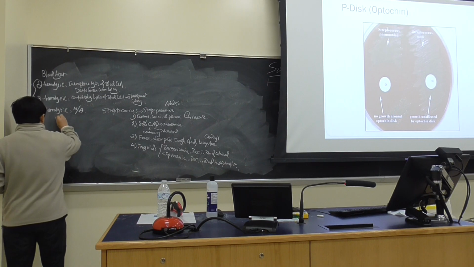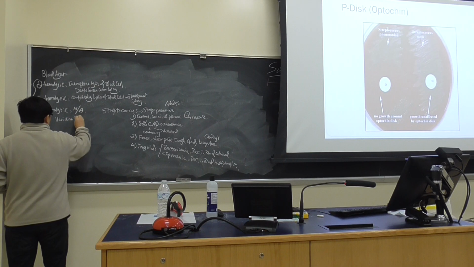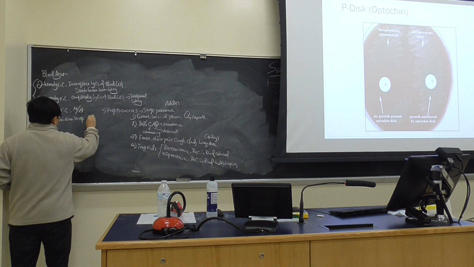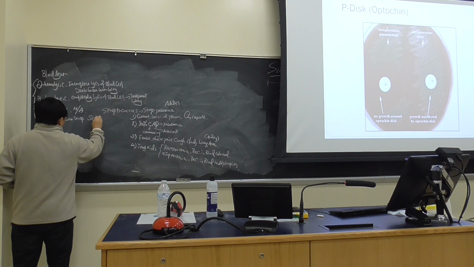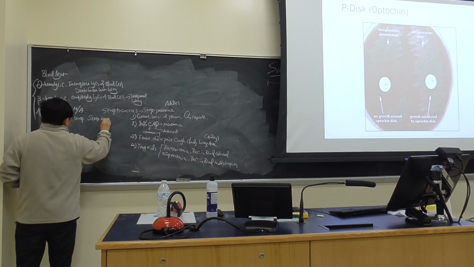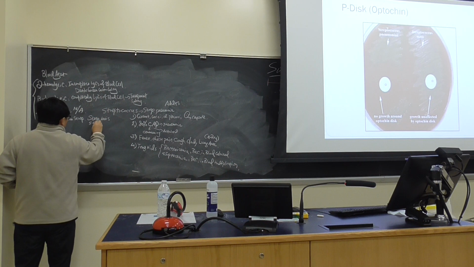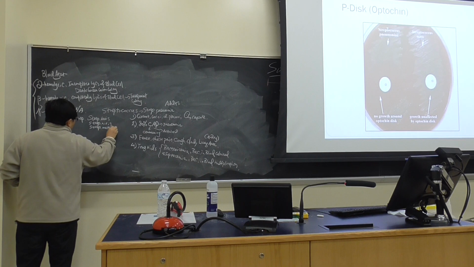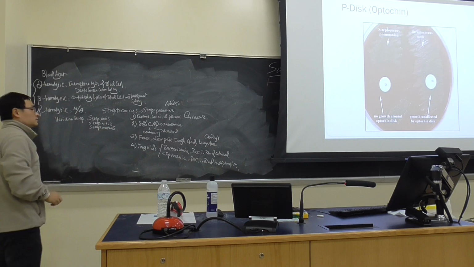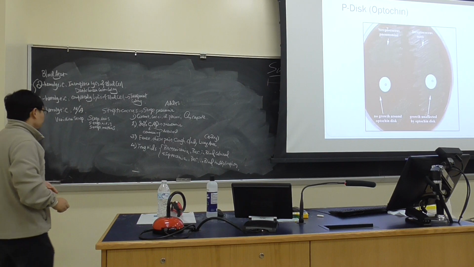We call it viridans strep. Let's say Streptococcus bovis, Streptococcus mitis, Streptococcus mutans. That's normal Streptococcus in the oral cavity.